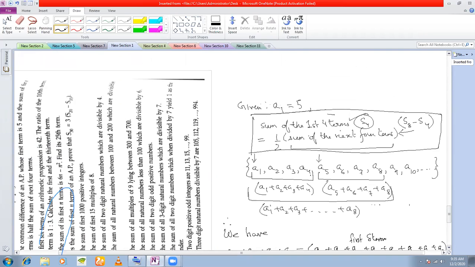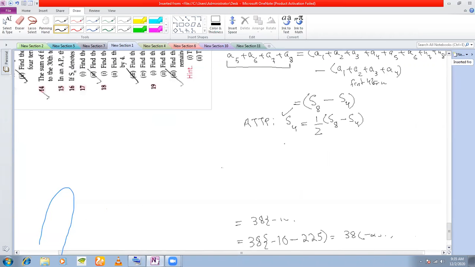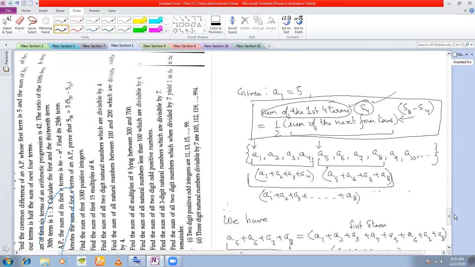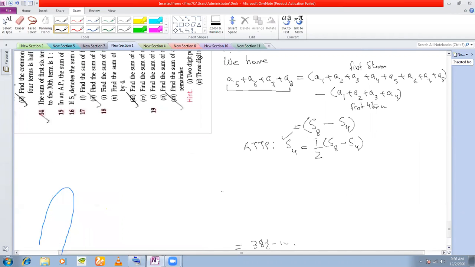The sum of the first four terms we found to be S4, so S4 is equal to half of S8 minus S4.